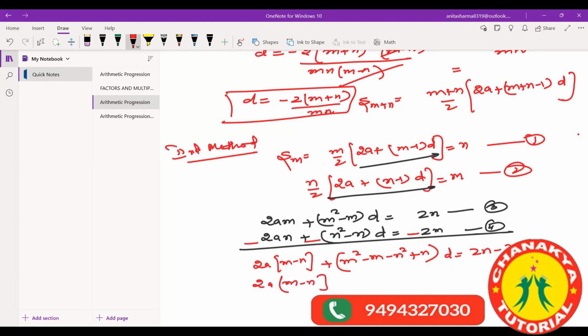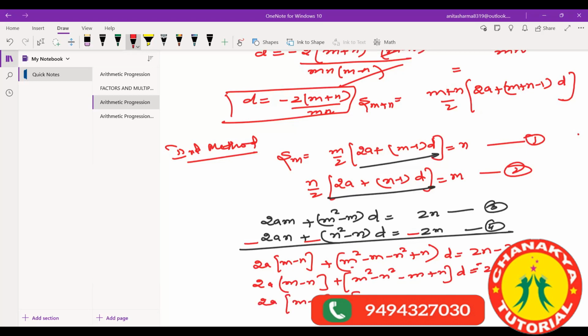Take 2 common now. No, because here with d, 2 is not there, so we can't take 2 common on the left hand side. On the right hand side, yes, I will take 2. So first of all, you will write m square minus n square minus m plus n into d, take minus 2 common, so m minus n. So 2a, m minus n.